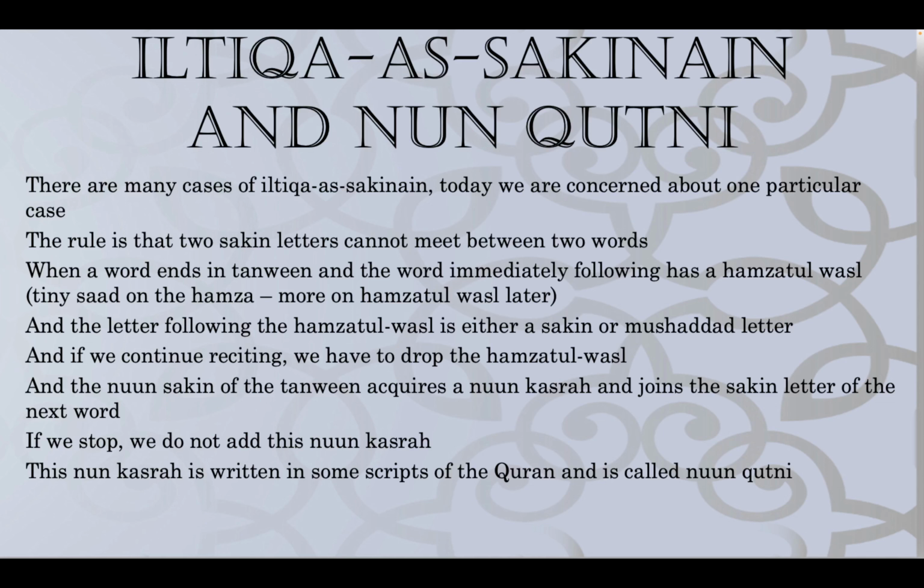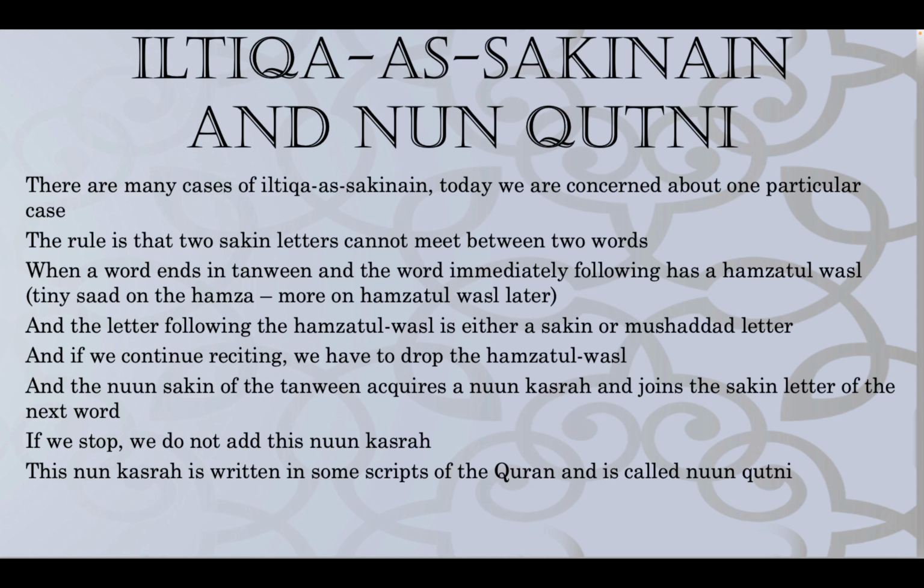Now, there are many cases of Iltiqa-as-Sakinain, but today we are only concerned with one particular case. The rule is that when 2 sakin letters have sukoon on them, they cannot meet between 2 words.